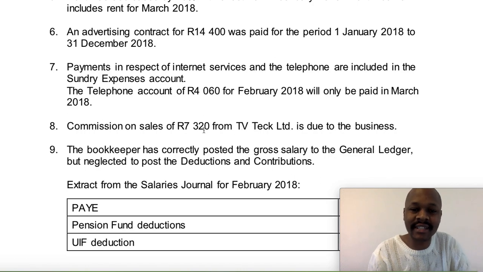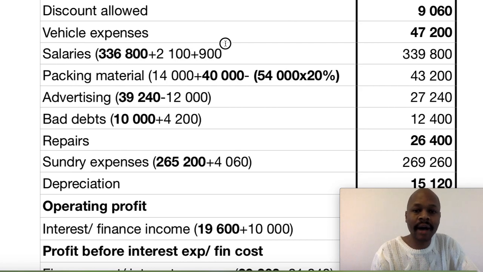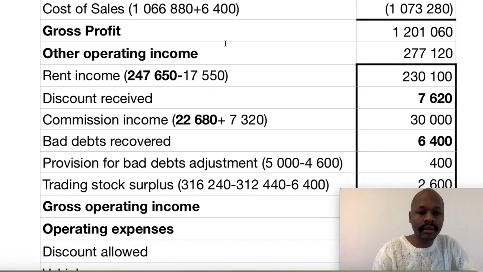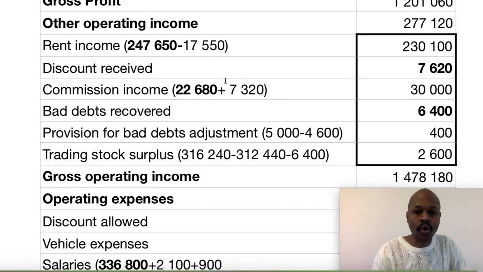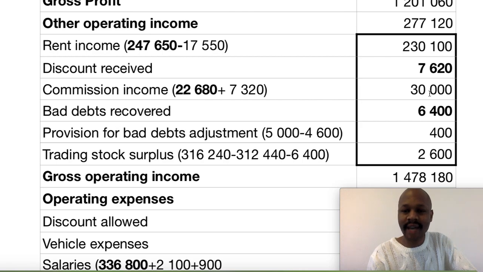So 7,320 we will add to our commission income under operating income. We will add there, it gives us 30,000.